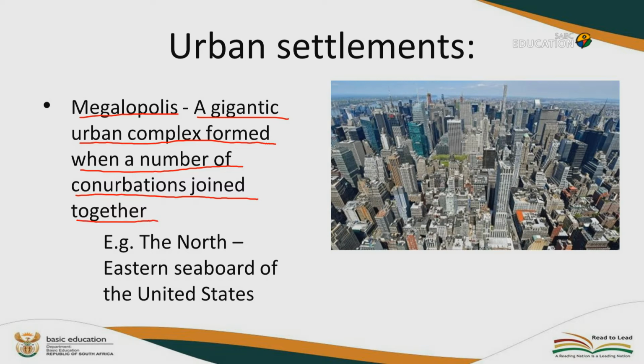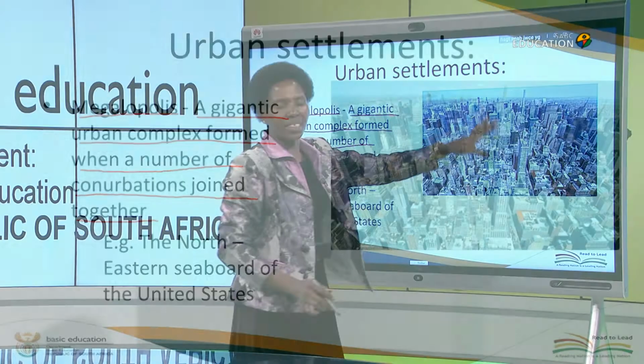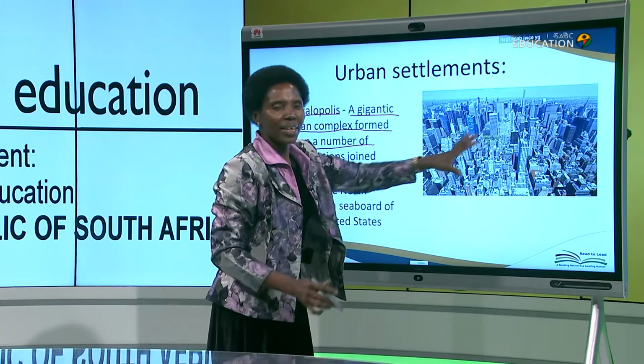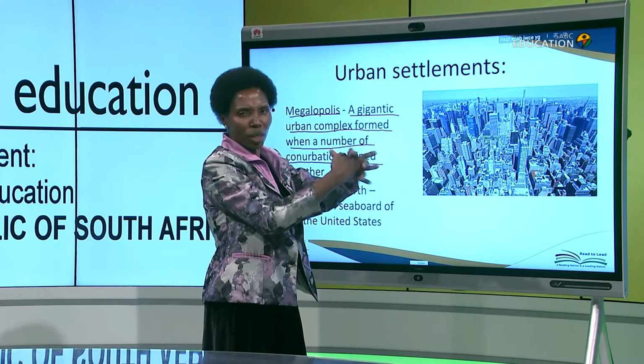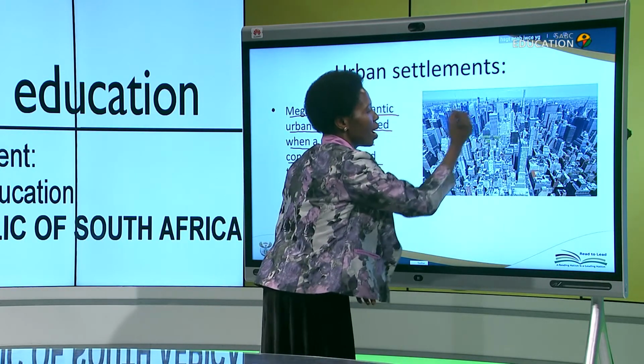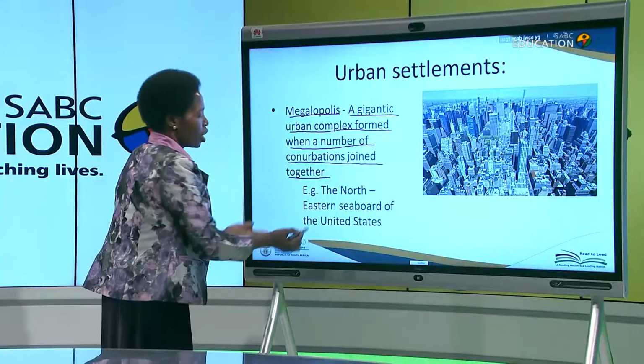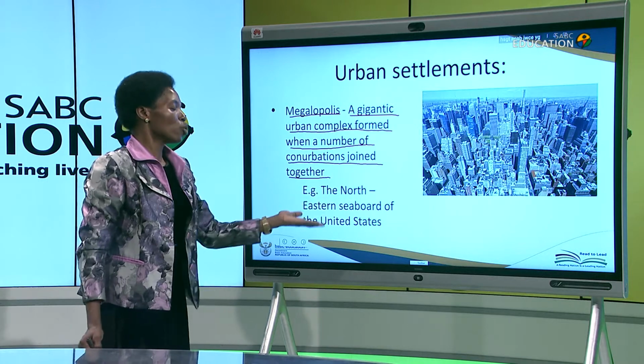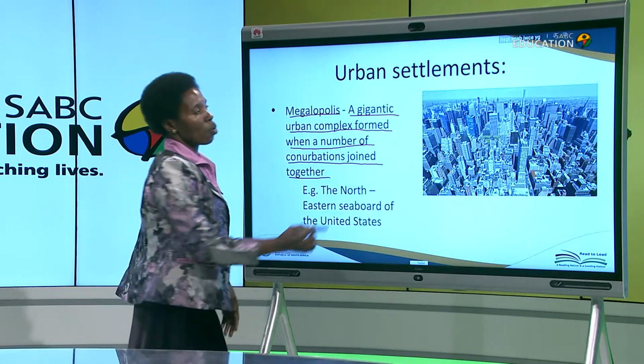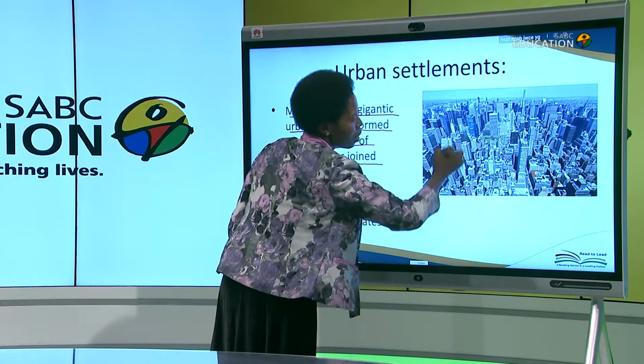Okay, so here you will find that big cities and big towns are merged together. They are joined together. We have an example in the northeastern seaboard of the United States of America. That's the one that I showed you in this picture here.